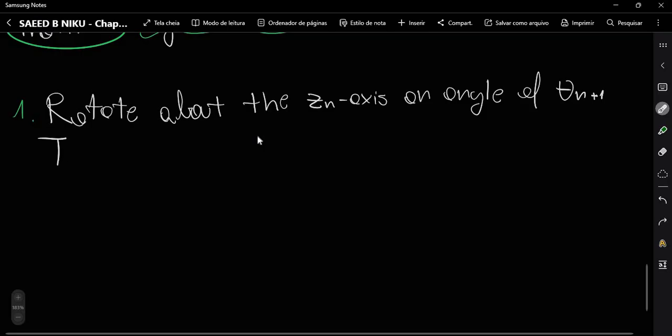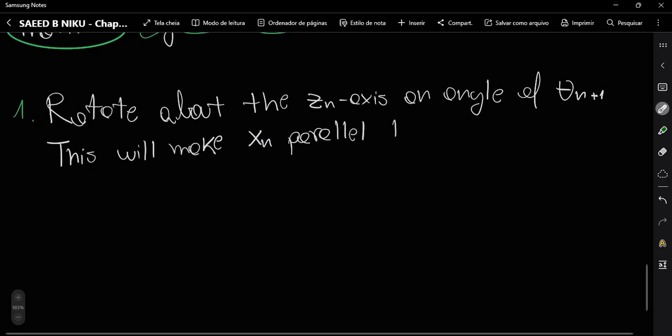This will make xn parallel to xn plus 1.